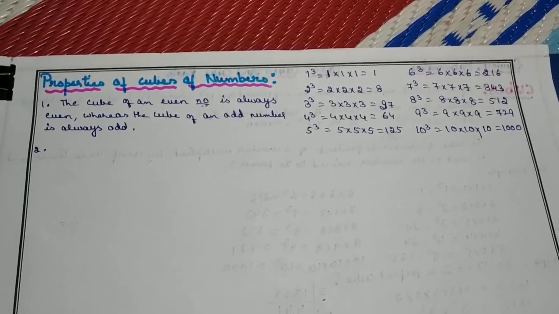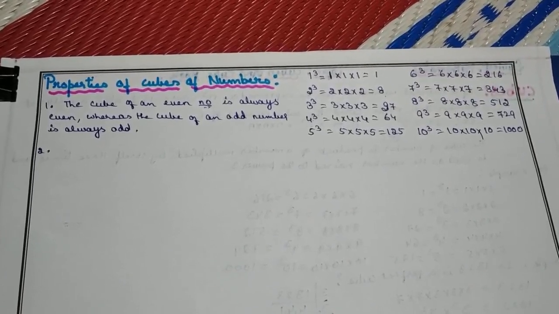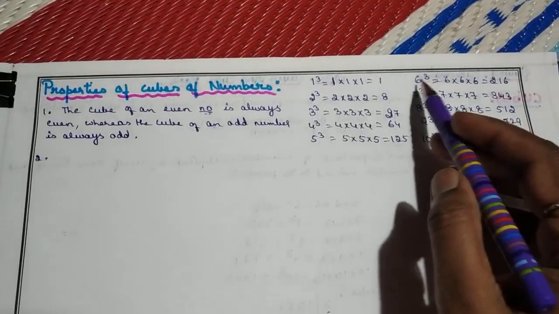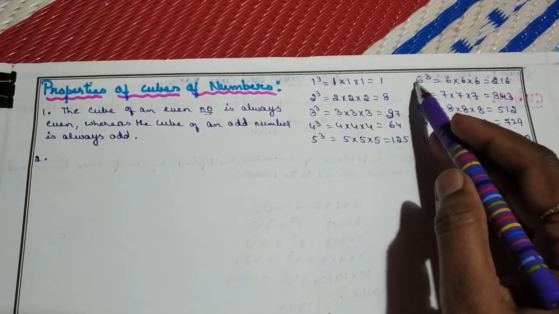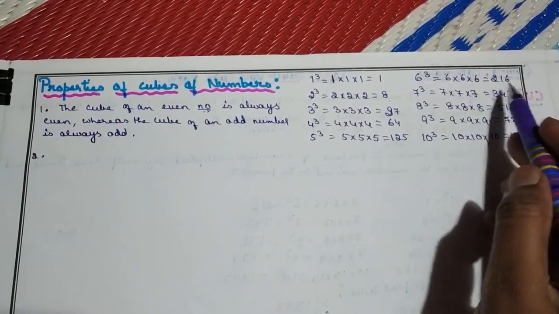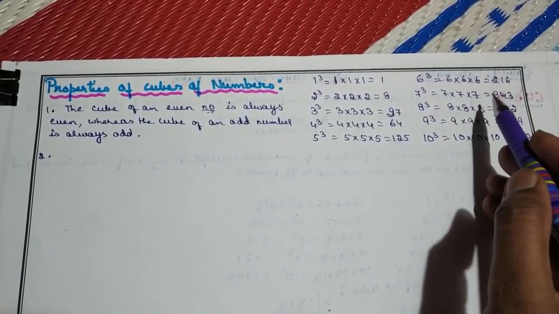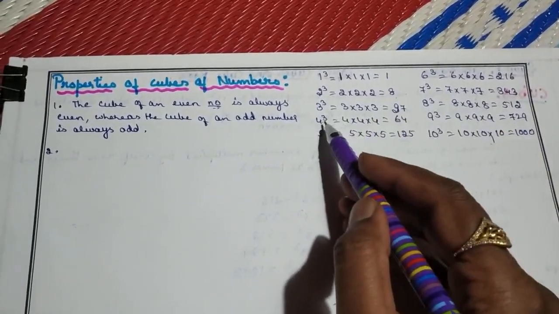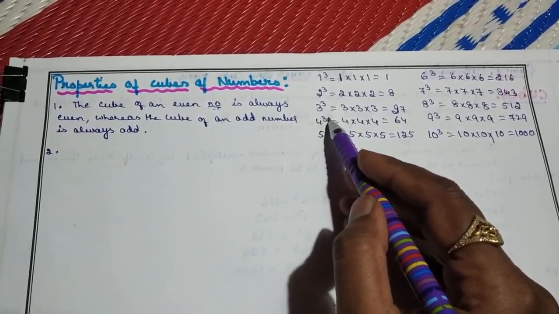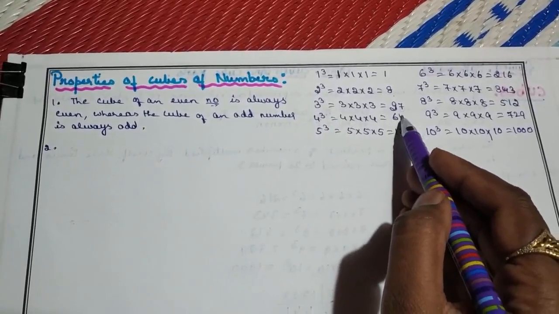Coming to the second property, the cube of any multiple of 2 is always divisible by 8. If I go with 6, which is a multiple of 2, its cube is 216, which is divisible by 8. In a similar way, 4 is a multiple of 2, and 4 cube is 64, which is also divisible by 8.